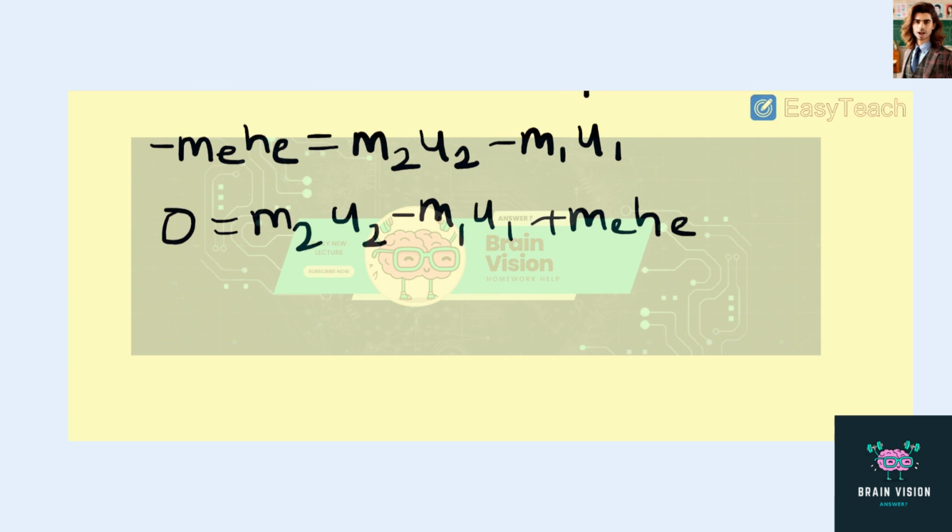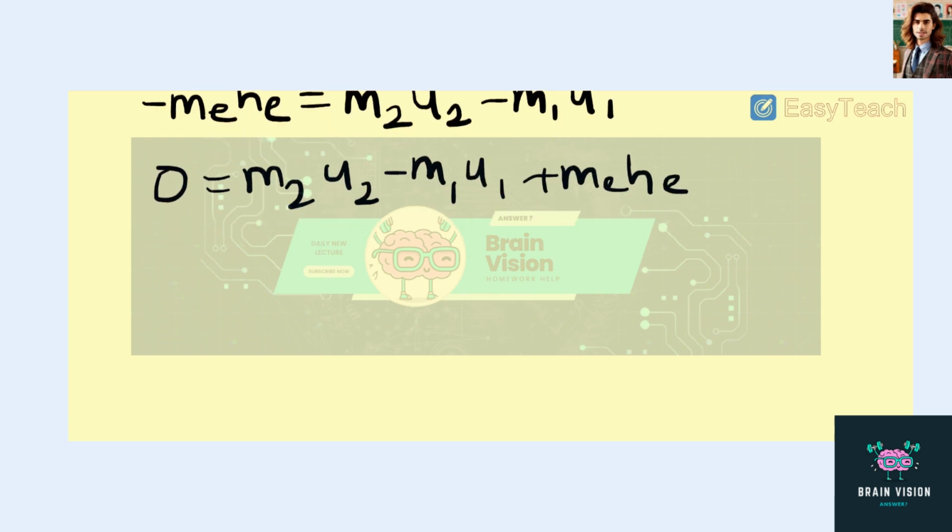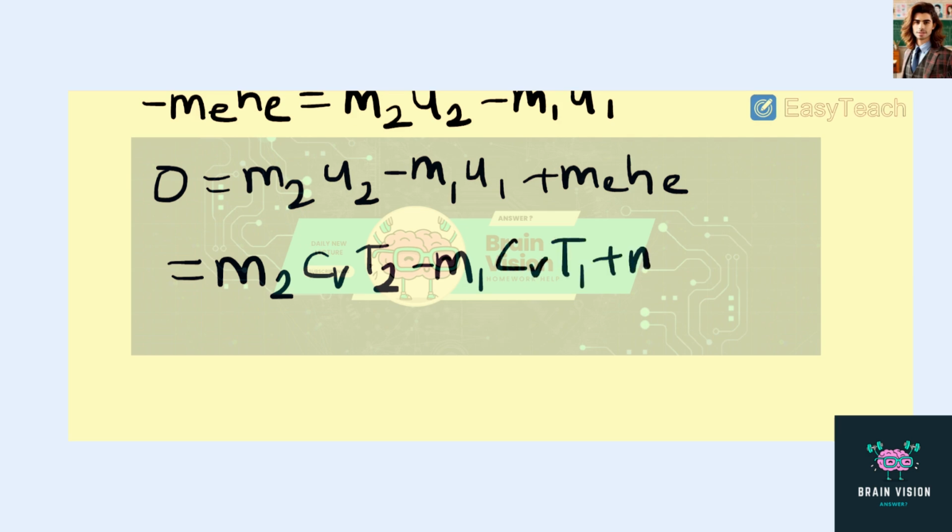Now what we can do is use the relation of u and h to the specific heats. So we can rewrite this as 0 is equal to m2 Cv T2 minus m1 Cv T1 plus me Cp Te. Now we can actually combine the mass balance and this energy balance by plugging in that me term.